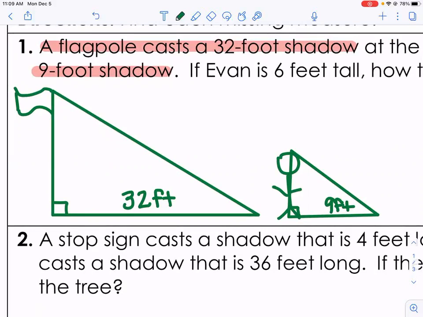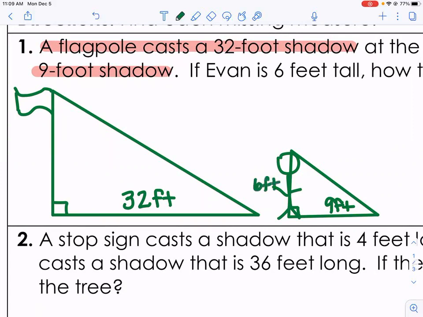Okay, so we have a flag and we have Evan. Okay, the sun is above their heads and it's shining at the same angle. Okay, so their shadows are proportional to their height here. All right, now how tall is Evan? 6 feet.